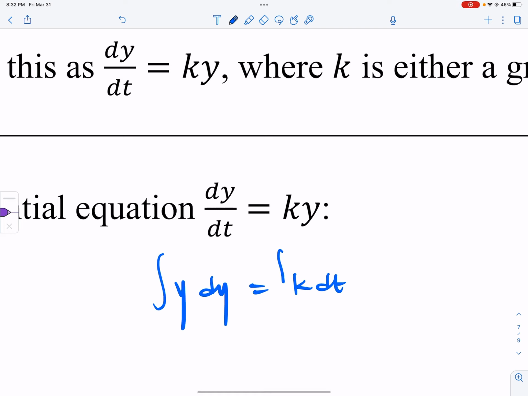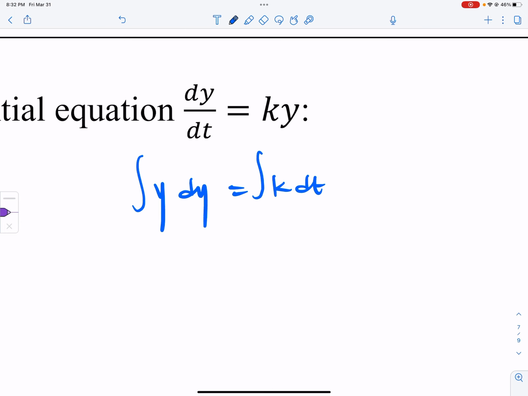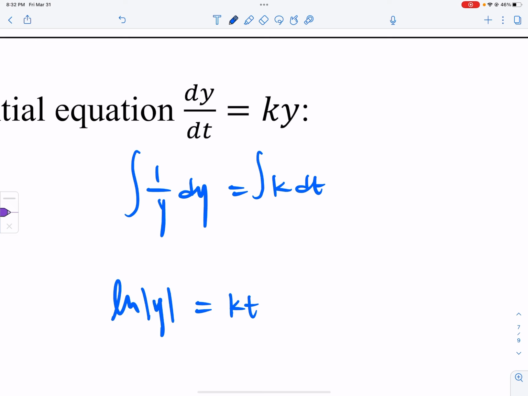So when we integrate each side of the equation here, oh no, sorry. That would be 1 over y because we're thinking about dividing by y. So we integrate 1 over y, that ends up being natural log of absolute value of y equals kt plus c because we're integrating with respect to t.